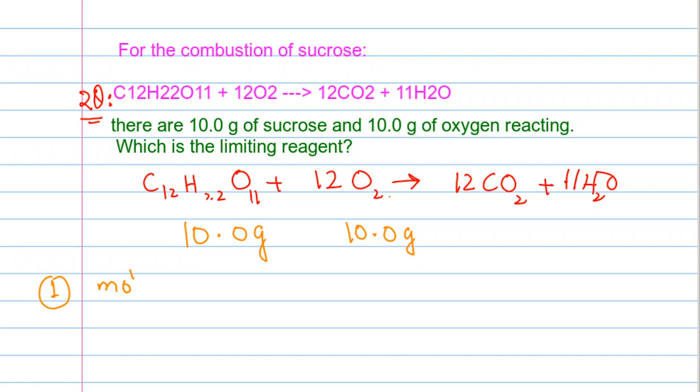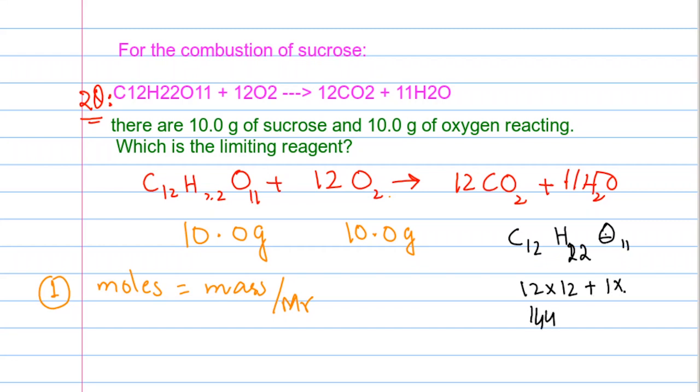The formula is moles is equal to mass over Mr. The first step is to calculate the molecular mass of sucrose, C12H22O11, right? 12 into 12, 144, plus 1 into 22, plus 16 multiplied by 11, which is 176.